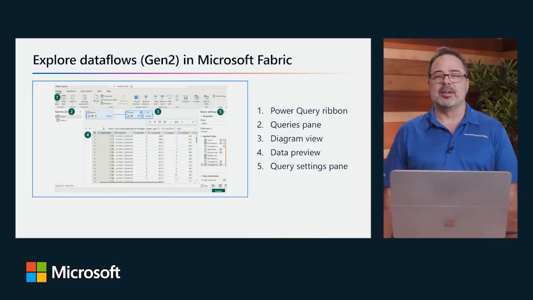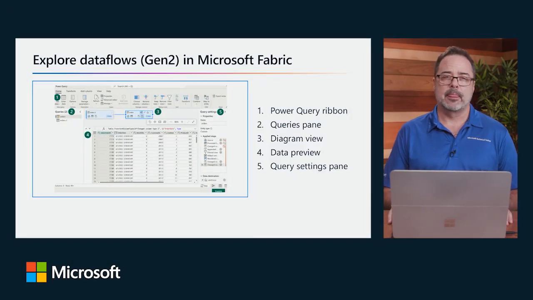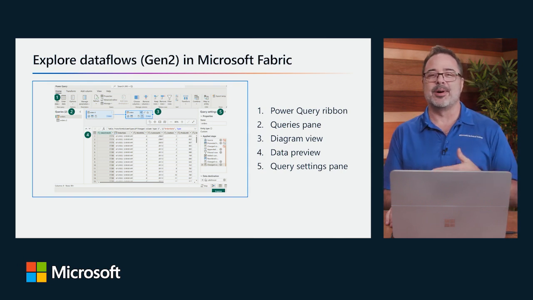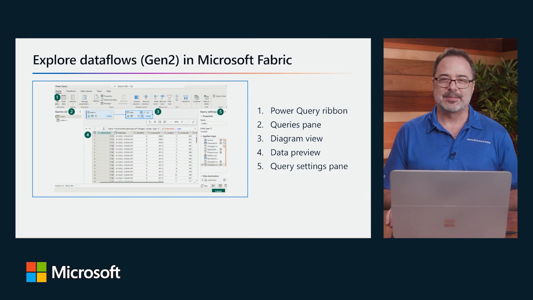Let's explore Gen 2 data flows in Microsoft Fabric, starting with the Power Query ribbon. Dataflow Gen 2 supports a wide variety of data source connectors. Common sources include cloud and on-premises relational databases, Excel or flat files, SharePoint, Salesforce, Spark, and of course, Fabric Lakehouses.